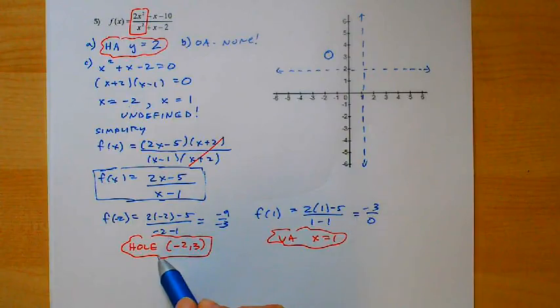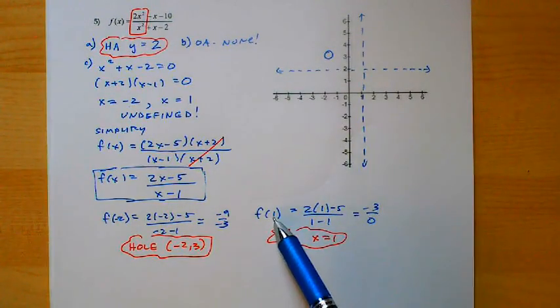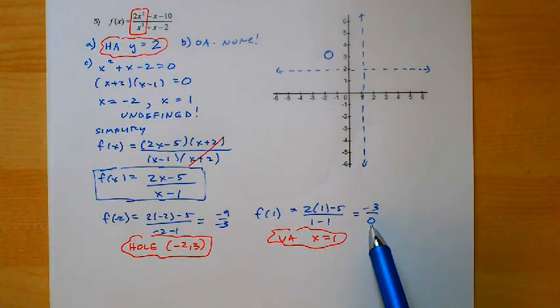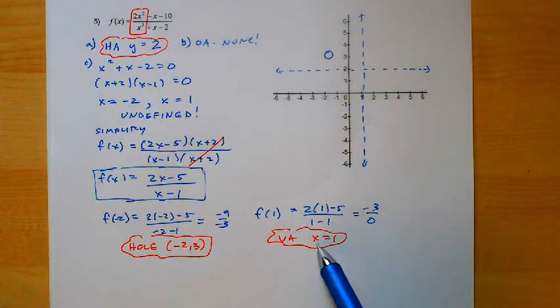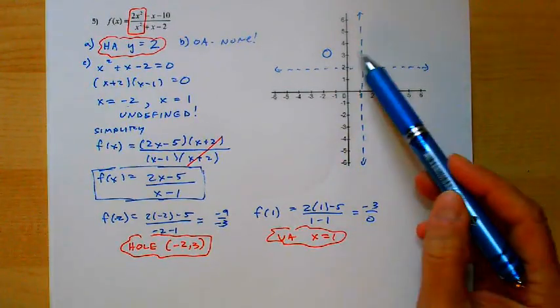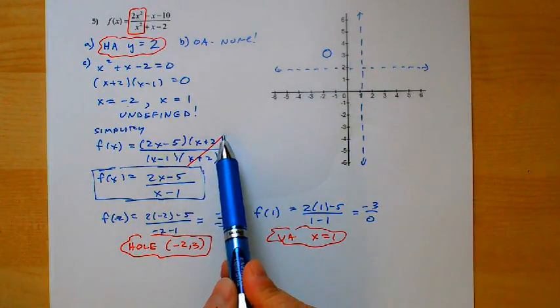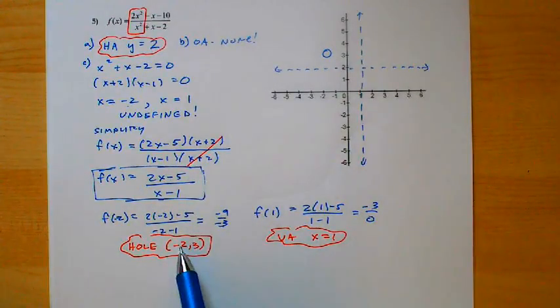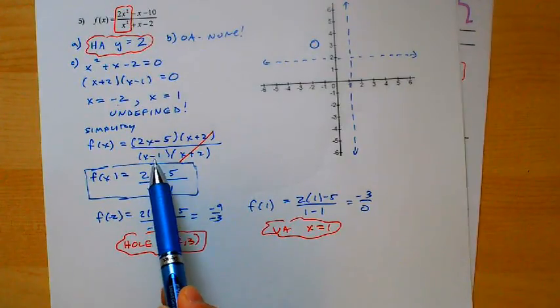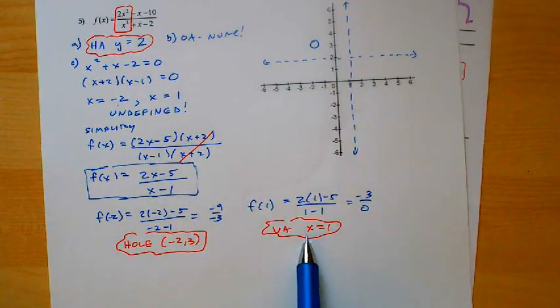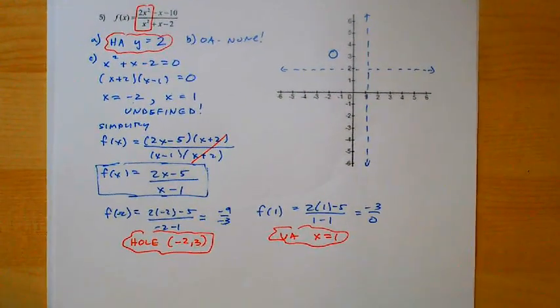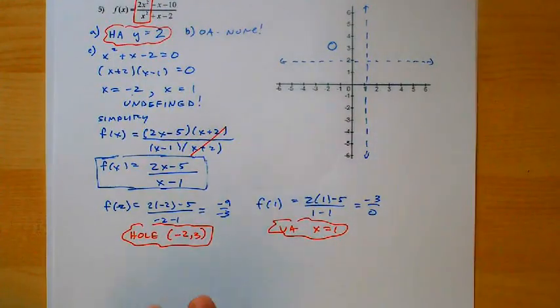We're going to see a hole at this location. And when I evaluated at 1, I got an undefined value here, and that leads me to believe there's a vertical asymptote at x equals 1. And I've shown these on the graph. And always remember, cancel, hole. No cancel, vertical asymptote. That connection is just always going to exist.